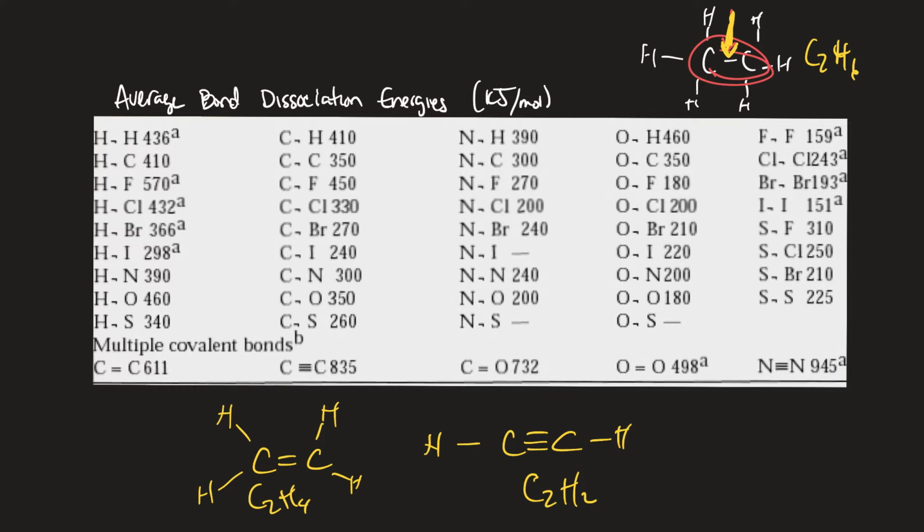As we talked about in the previous video, when you're making bonds, this process is exothermic, meaning it's releasing energy. If you're breaking bonds, this process is endothermic, and so you need energy. Let's use hydrogen as an example, where the H-H bond dissociation energy is 436 kilojoules per mole.